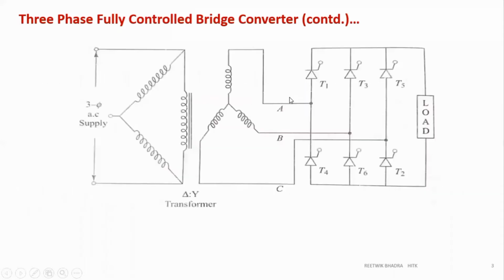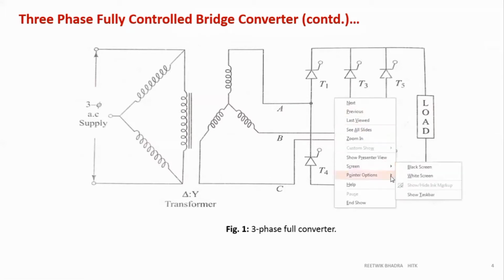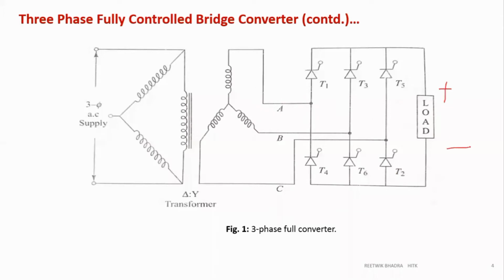If I take the circuit over here, with 1, 3, 5, the load positive is this one. So the odd numbers were connected to the positive side of the load. If T1 is on, you will get VA over here, that means VA is positive.